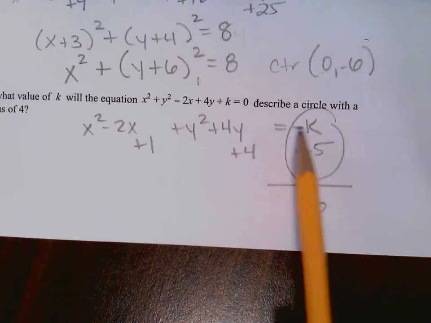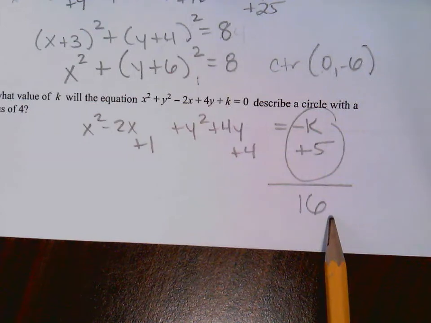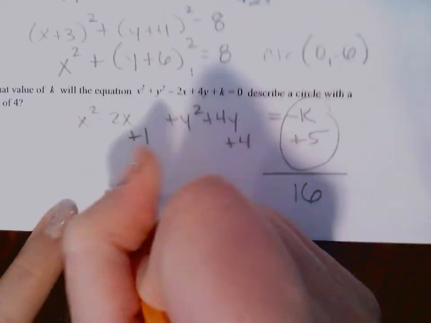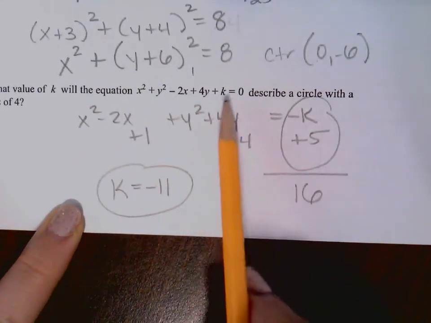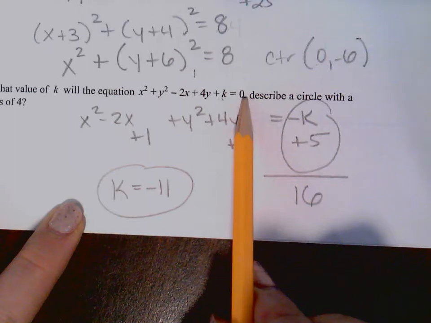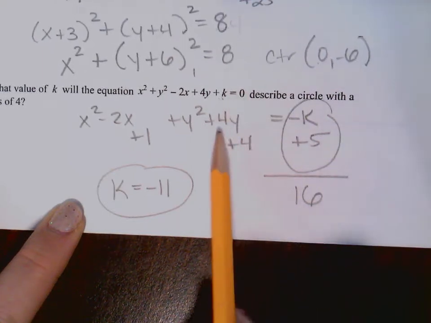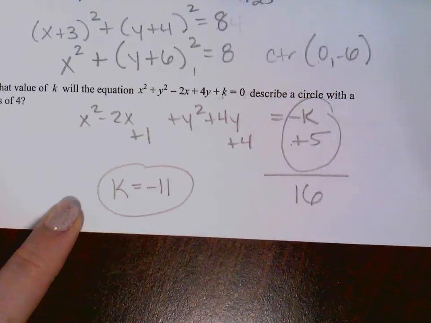Because negative 11 plus 5 would give me 16. So if k had been negative 11 to start with, right here in this spot, we would have added 11 to the other side. So this number would be 11. And then when we add our 5, we would get 16. So k has to be negative 11.